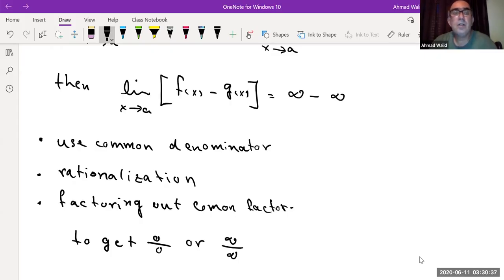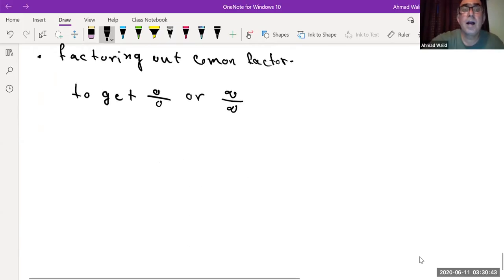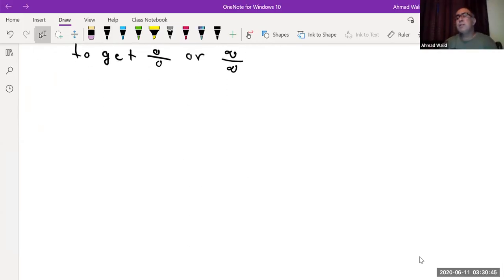Or when I'm telling you factoring out common factor, basically it gives you a quotient, right? Some people say in this way: use algebra to get a quotient. Or I give you at least 3 different methods for how to get a quotient, right?